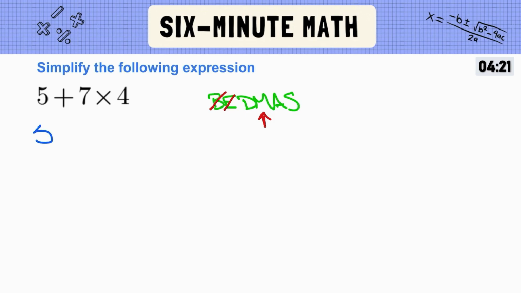I am doing nothing with this 5, so it's going to stay as is, 5 plus, and then 7 times 4 is 28. I have no more division and multiplication. So now I'm on to the addition subtraction. We do have an addition, so we're just going to simply do 5 plus 28 is 33.